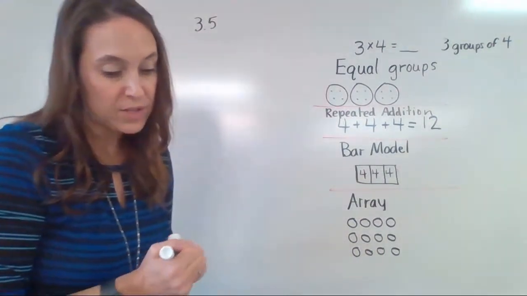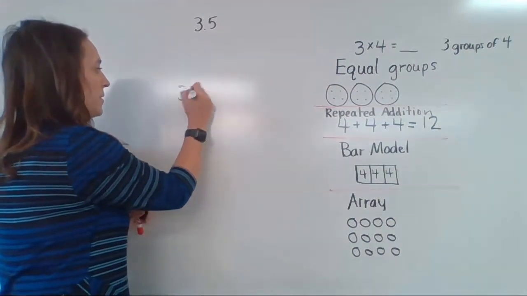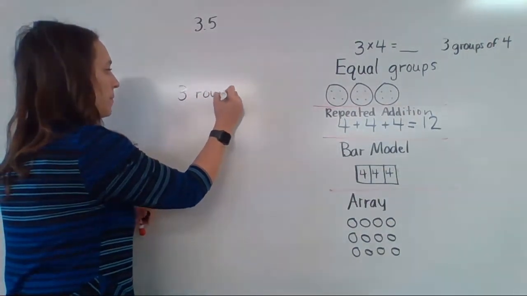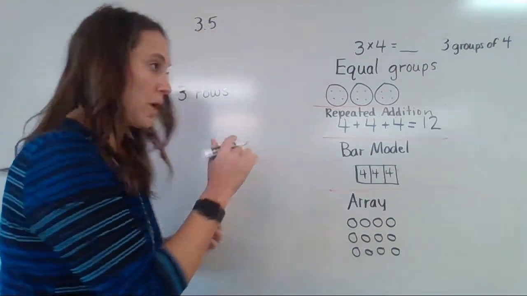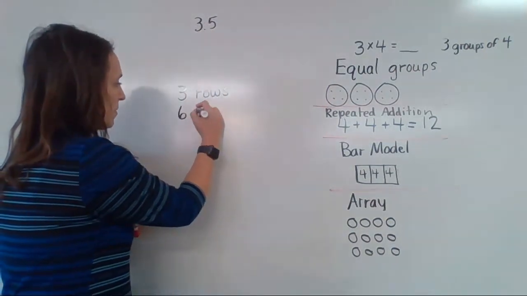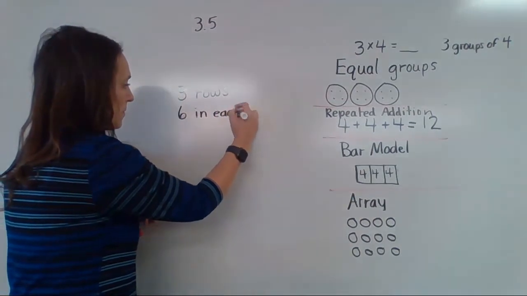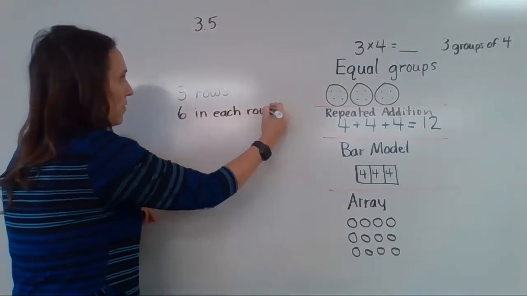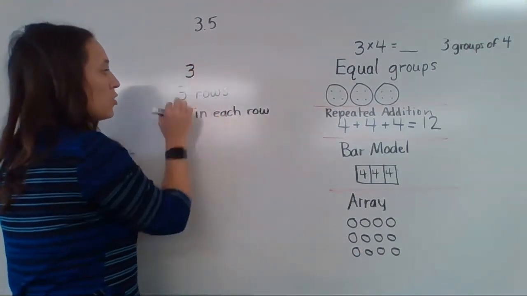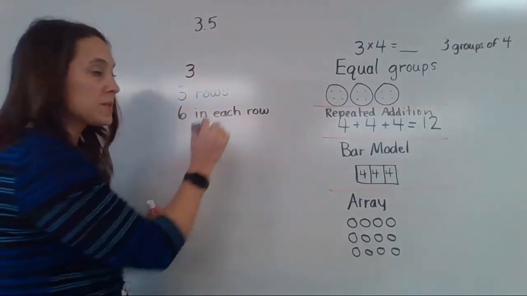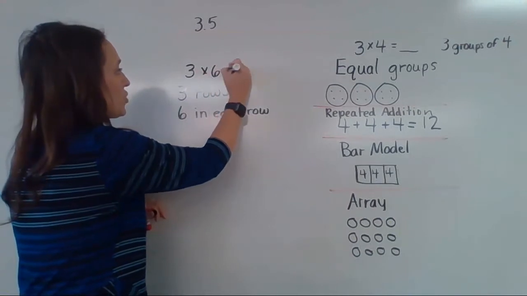I know that he has 3 rows. And I see the number 6 in there. He has 6 in each row. So this multiplication sentence would be written 3 groups, 3 rows of 6 in each row.